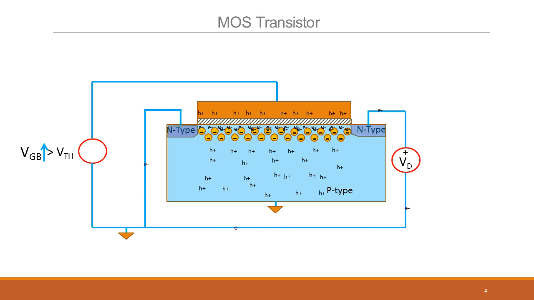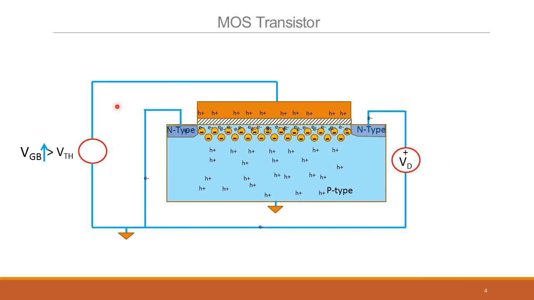It's not that the field has increased, hence the average drift velocity hasn't changed, but the number of free carriers flowing through increases because we increased VGB, which increases the amount of free electrons out here. So this increased number of electrons going through also constitutes an increased current.